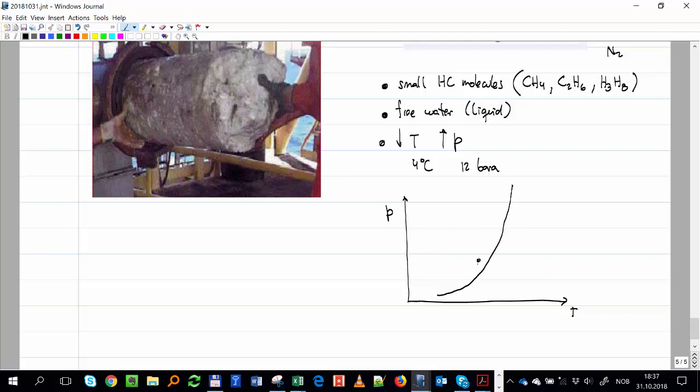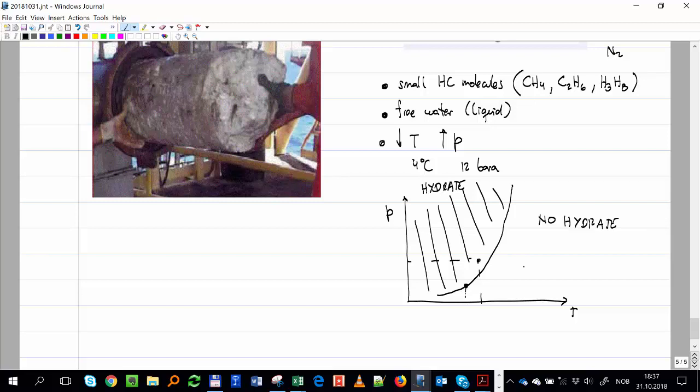Every combination of pressure and temperature that is to the left, that is in this area, you will form hydrate. Okay, and every combination on this area, no hydrate. Okay, so that point that I'm giving you, 4 and 12, is just here. But if you're working for higher pressures, you will have, of course, higher temperatures, at which the hydrates can occur.